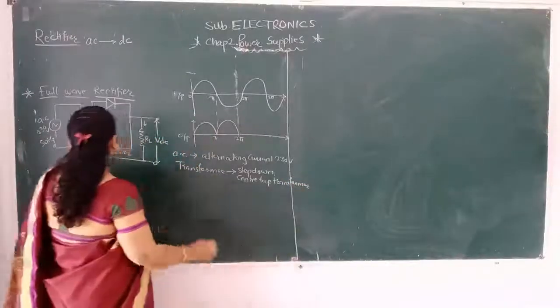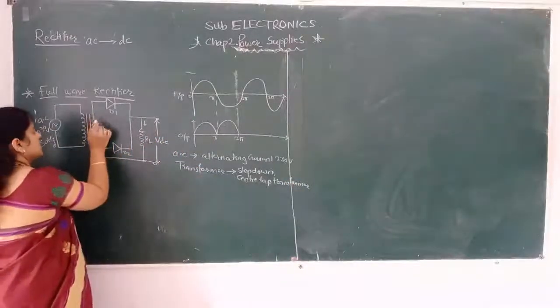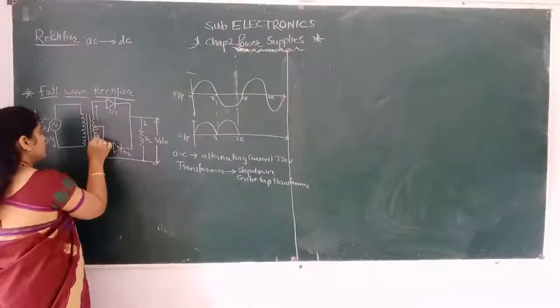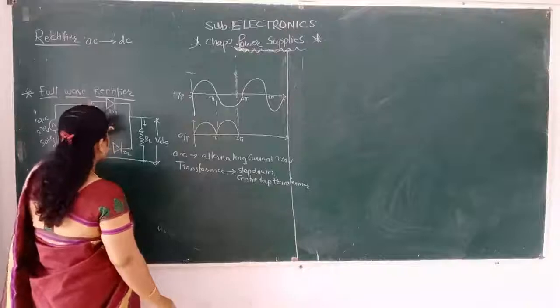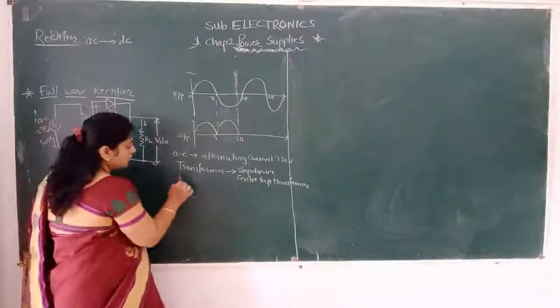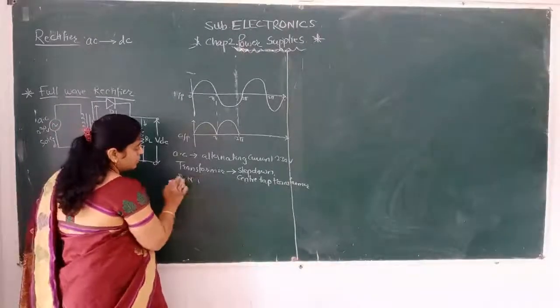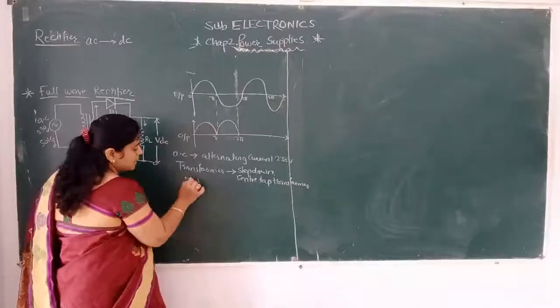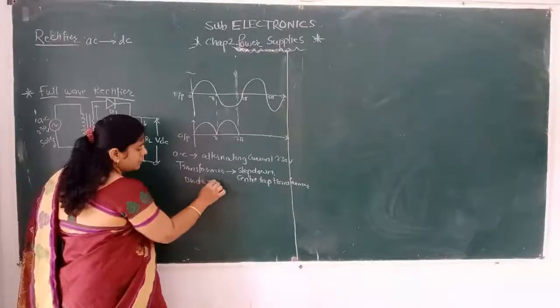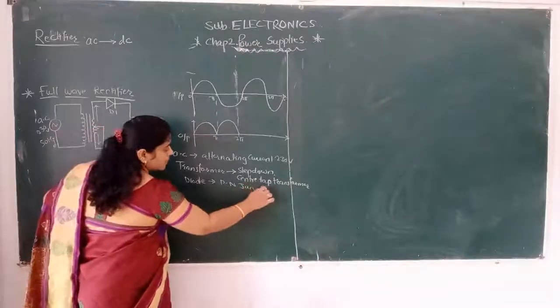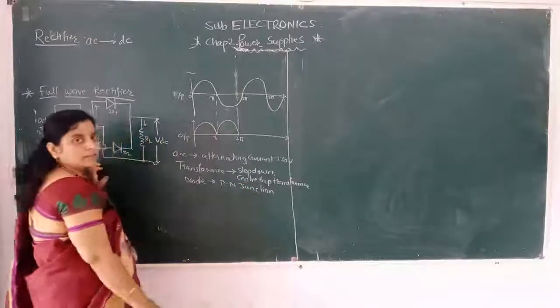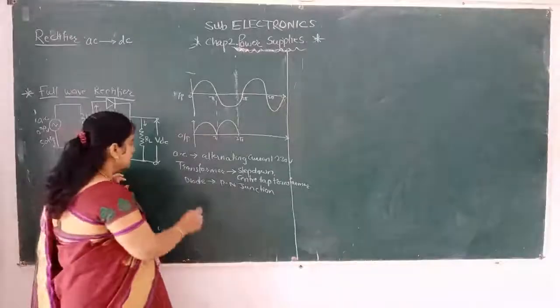Center tap means half the current flows like this and half the current flows like this. Therefore, it is the center tap transformer. Then we have PN junction diodes. We have seen what a PN junction diode is in the last lecture.